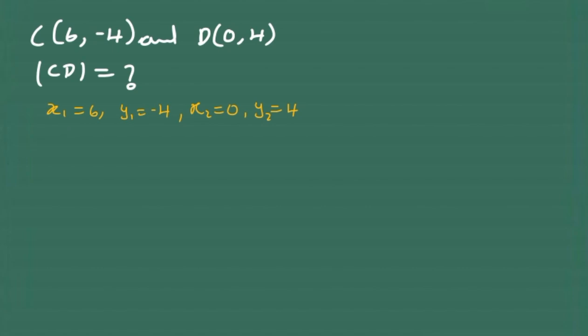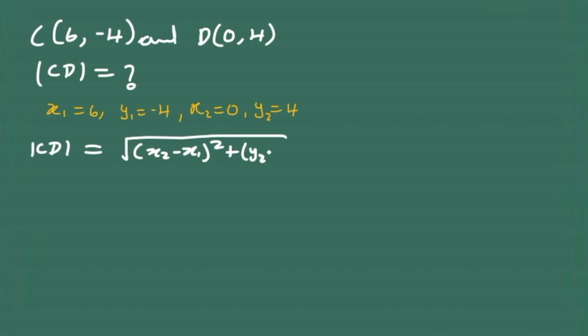Now recall the formula we established: finding the distance between two given points, we always have to take the square root of x2 minus x1 all squared plus y2 minus y1 all squared. So let's go ahead and substitute these values into this expression.